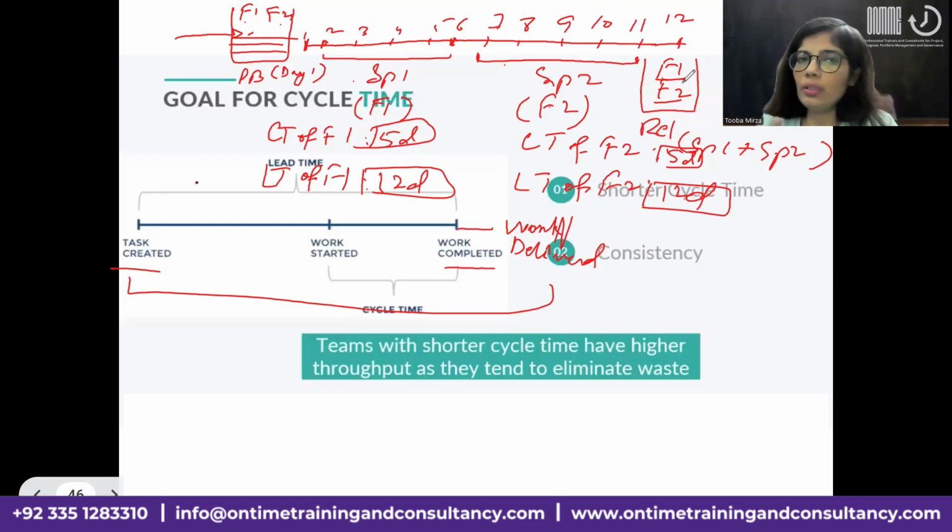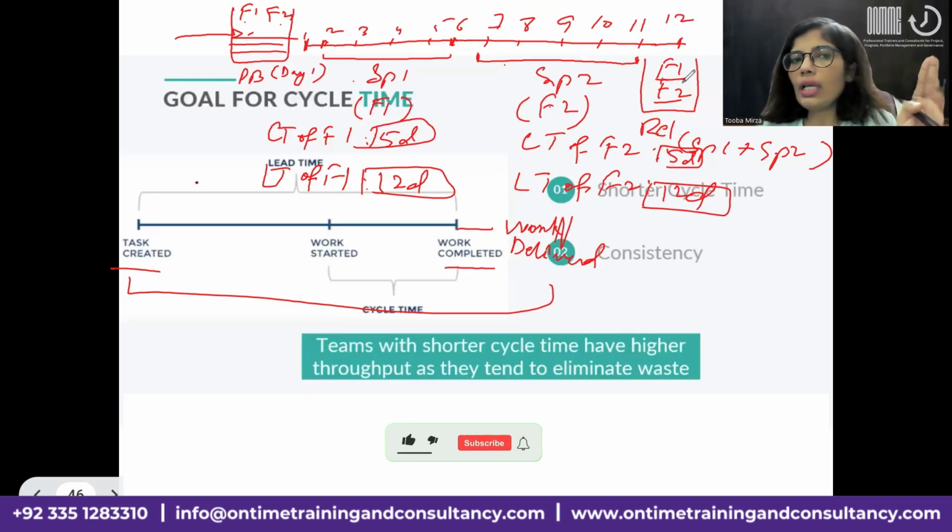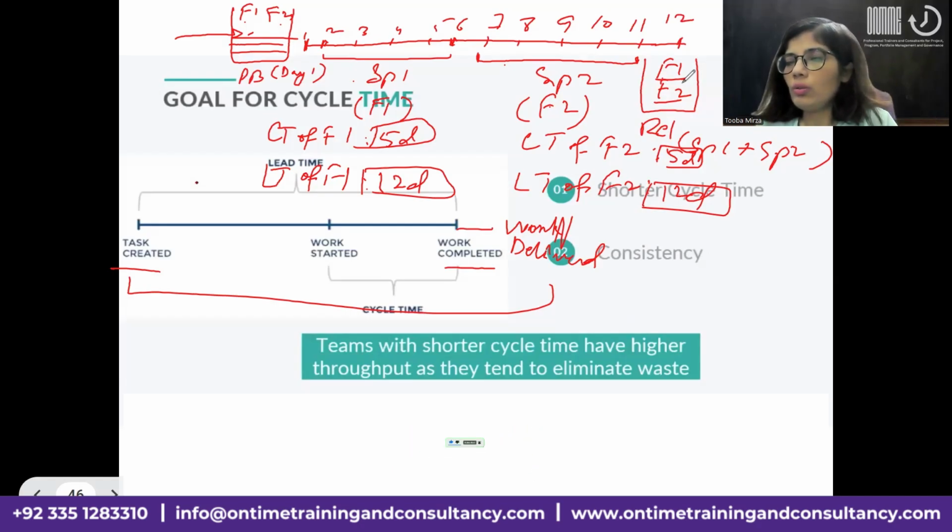If it had been this way, that F1 and F2 were requested on day 1, but F1, after its completion during sprint 1, is delivered right away, then what would have been the lead time for F1? 6 days in that case.